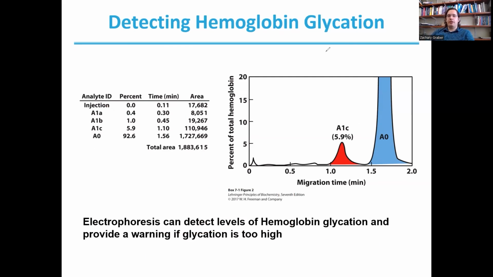Detecting hemoglobin glycation can be important for a number of different reasons. First, it would enable you to determine if you're in danger of producing those advanced glycation end products that would then eventually cause damage to your organs. And number two, it can act as a sensor for your blood sugar concentration. So once your hemoglobin gets glycated, this will, of course, modify the size or the molecular weight of your hemoglobin to some extent, but it will also change the charge of your hemoglobin, right?